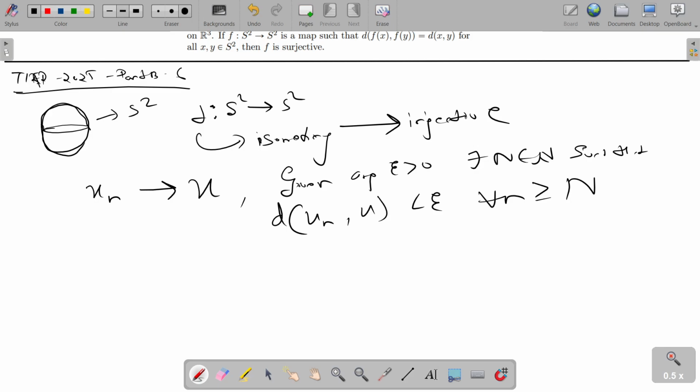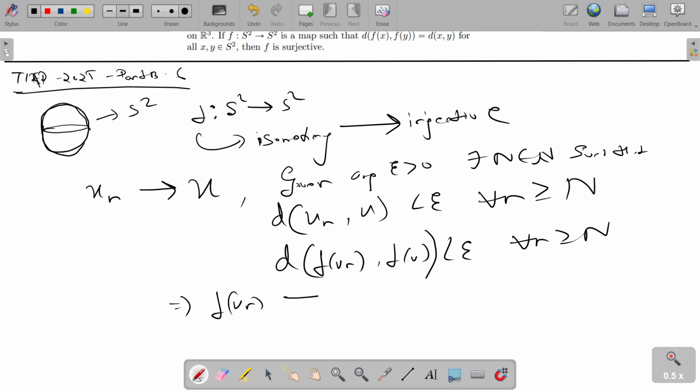So this will be d(f(x_n), f(x)) less than epsilon for all n greater than or equal to N, which implies that f(x_n) converges to f(x) when x_n converges to x, which implies that f is continuous.